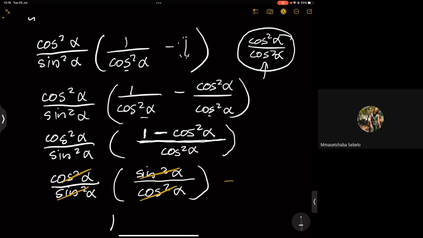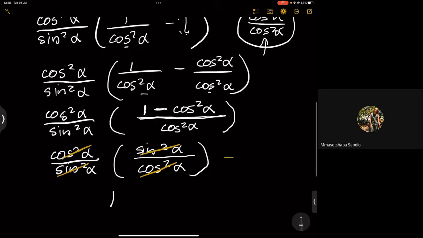I'm sure many of you might have a question and be wondering, but what if I had multiplied into the bracket? What if I had multiplied cos squared of alpha over sine squared of alpha? There's nothing wrong, we can actually try that. Let's see. I'm just going to try and make some space here.